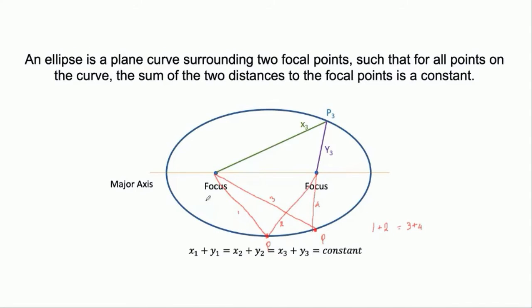You can construct an ellipse in one other way. Take a circle: if you are going to construct a circle using a thread, how will you do it, sir? Using a thread, how do you construct a circle? Any idea? By holding one end of the thread at the center.